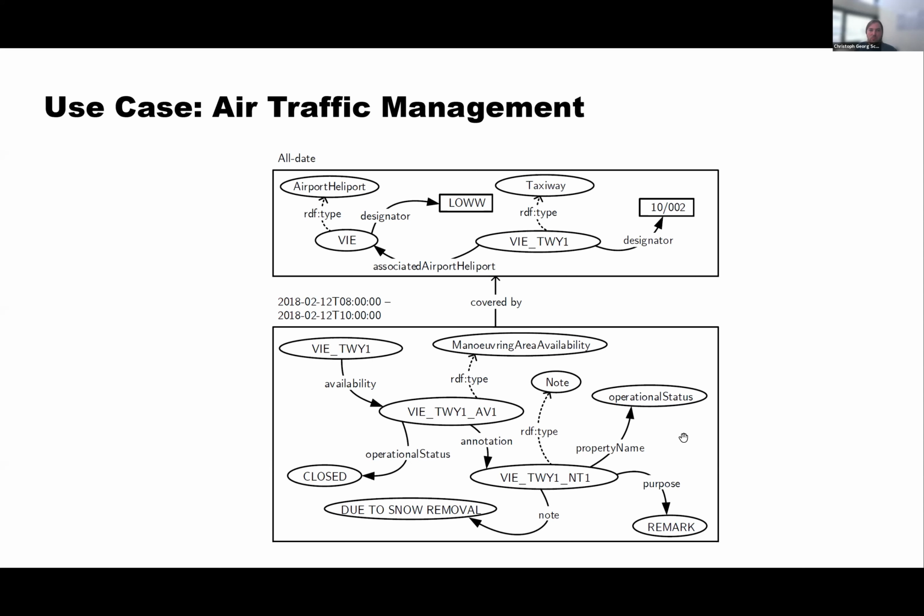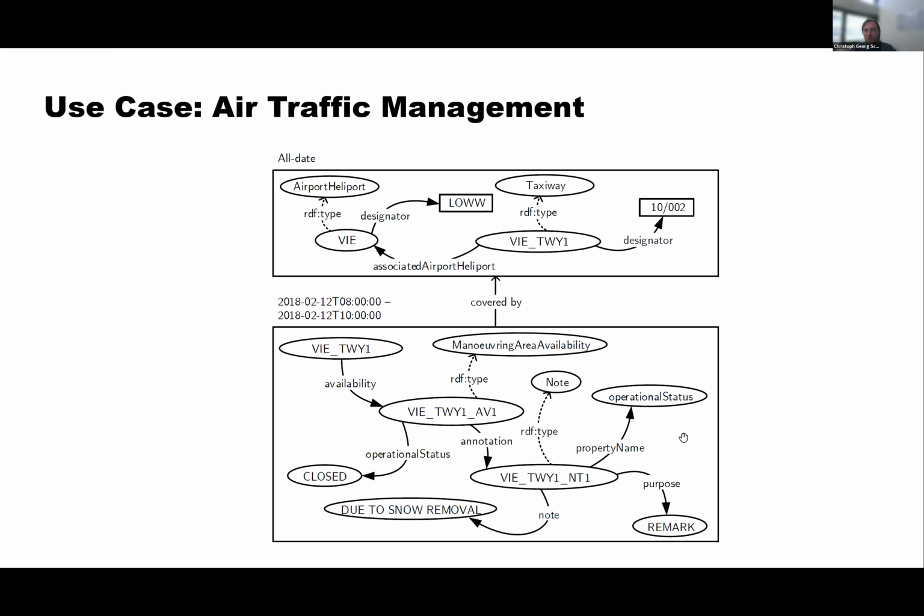In our paper, we illustrated our approach using the case of air traffic management, which is a natural fit for contextualized knowledge graphs. We have different types of messages that represent the state of the air traffic system, and then we have different geographic contexts, different flight information regions, as they are called.